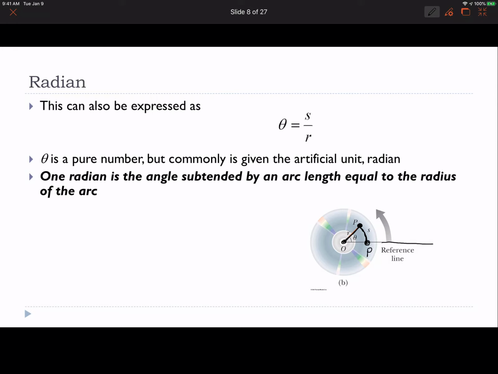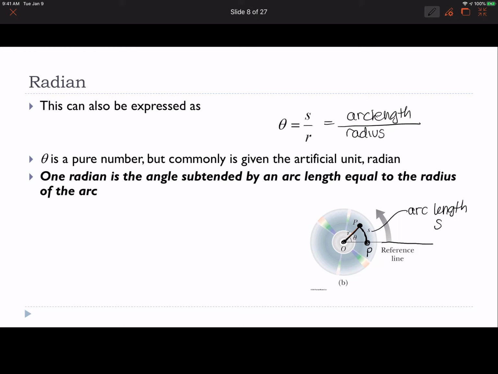And it moves through some arc length, s. So by definition, the angle in radians is just the arc length divided by the radius, or the distance from the axis of rotation.